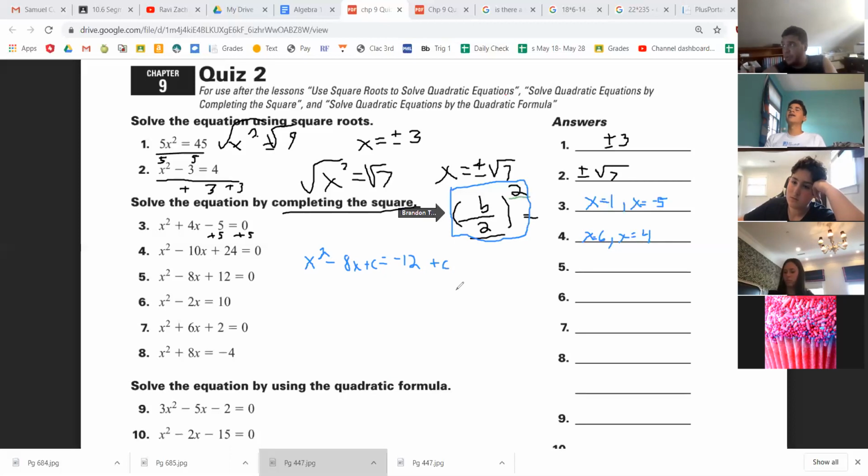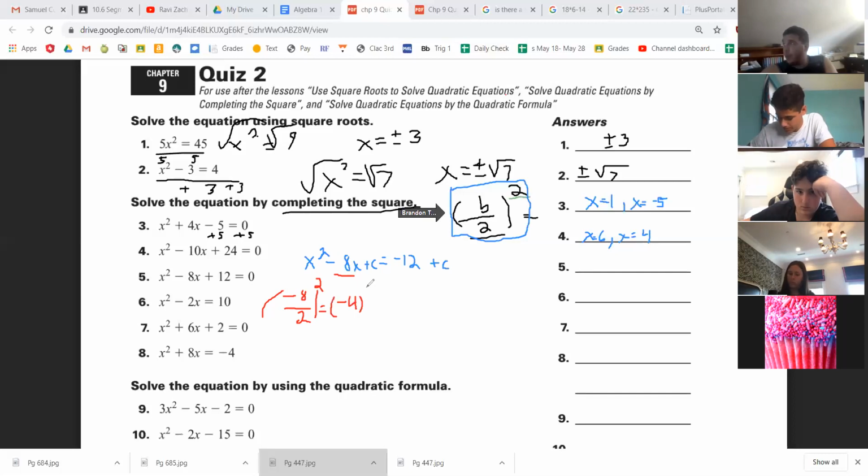Second step, we're going to use the blue boxed equation to find the C that I'm purposely using. So it's negative 8 over 2. Remember, the value of B is the one next to x to the 1 power. That's negative 4 squared.